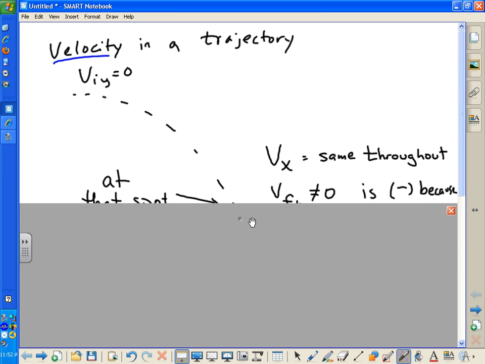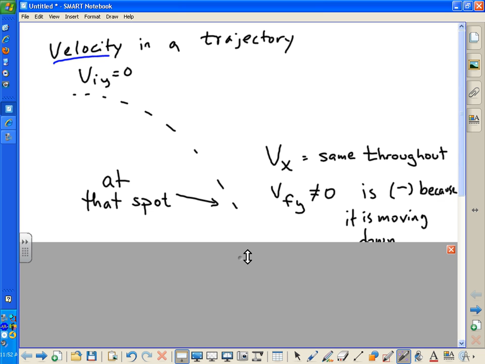So in this kind of trajectory, we know that the Viy is 0 as the object starts because it's just going straight sideways. And from that picture I just showed you, as the object falls and takes this path, when it gets to some spot later in its trajectory, it would have a velocity that's both sideways and down.